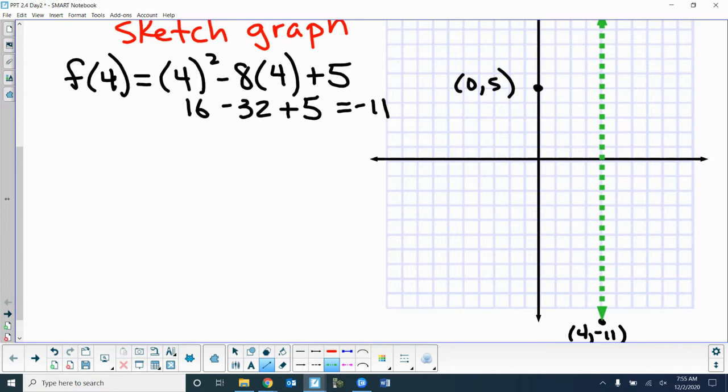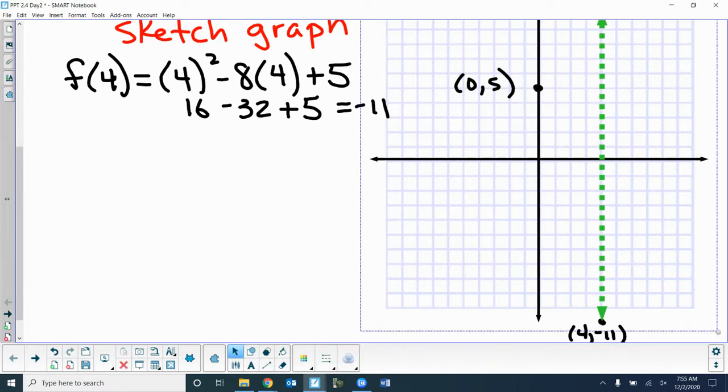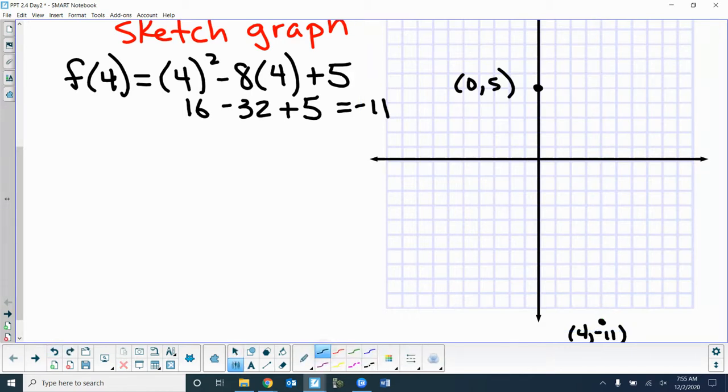I'm 4 away this way, so I'm going to go 4 this way. Oops, I'm going to go back to my pen. Oh, that's a bummer. There we go. Go 4 this way. And that's 8, 5.